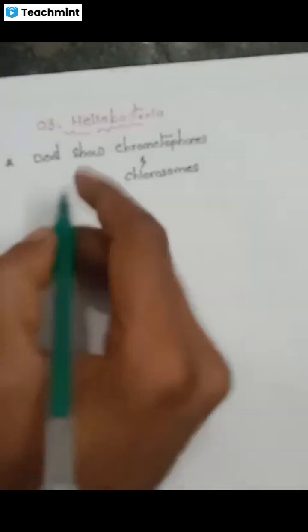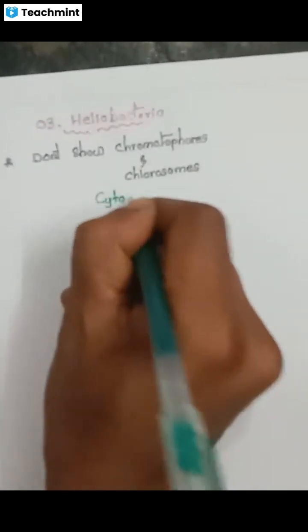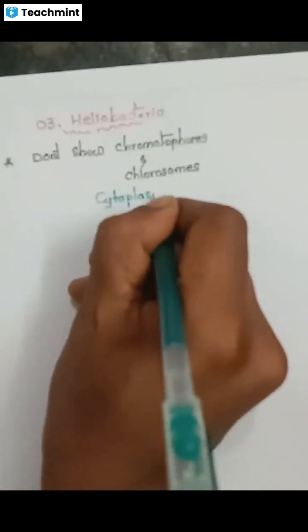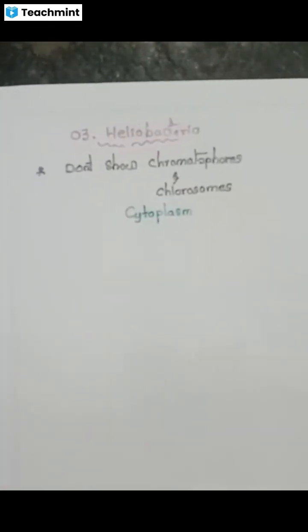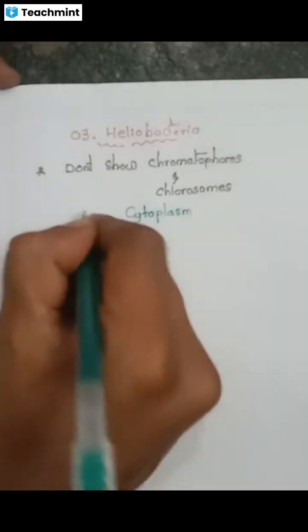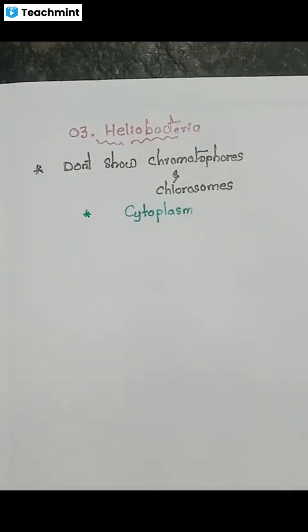The photosynthetic pigments are present in the cytoplasm.